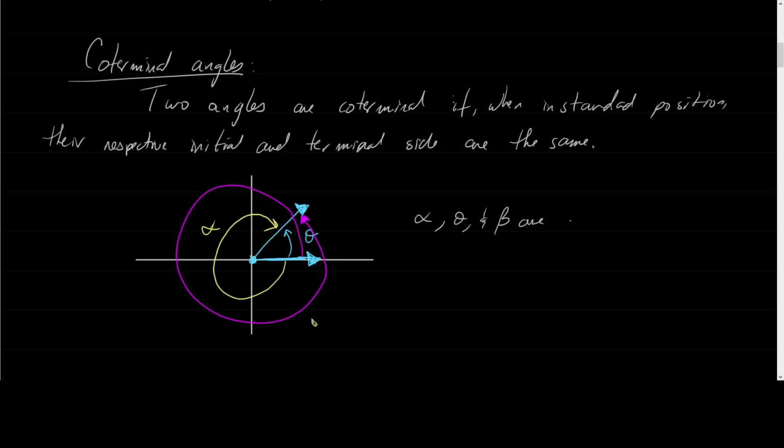I just realized I called two of these alpha. I meant to call this one beta. There we go. So now alpha, theta, and beta are all coterminal angles. They all have the same initial side, and they all have the same terminal side.